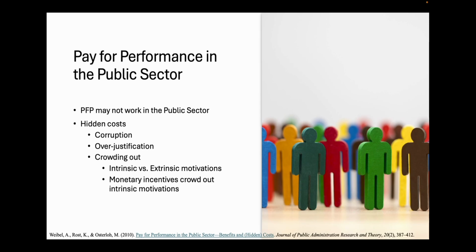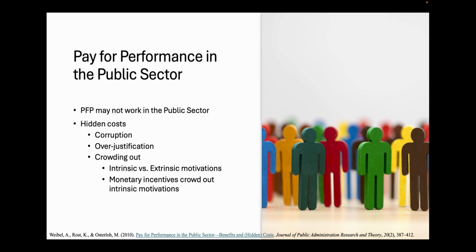So of course, ideally, right, you would expect pay for performance also works in the public sector. But the public sector, as we already discussed, has multiple goals, which means it's hard to clearly define the goal. And then you also have trouble creating the proper criteria to measure employees' performance.